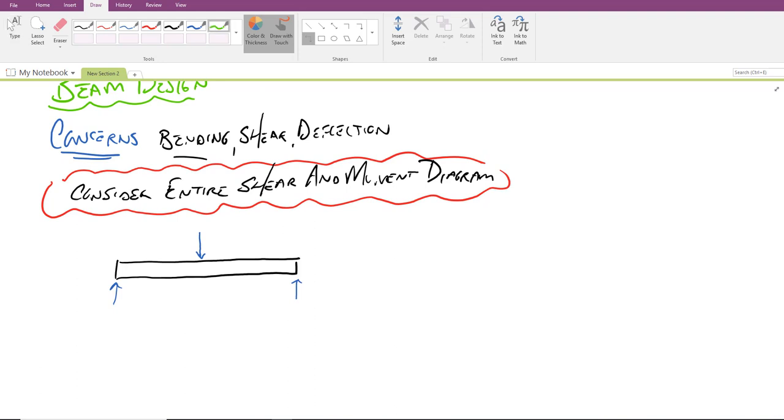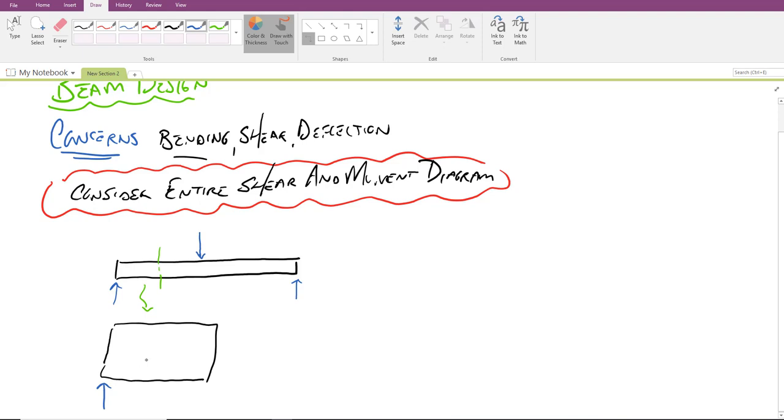And what I'd like to do is just cut that beam right there, halfway between the reaction support and the point load acting in the middle. And if I was to take, and we'll blow that beam up just a little bit so we can see it better, exaggerated, this piece of the beam right here. We've still got the reaction out here.